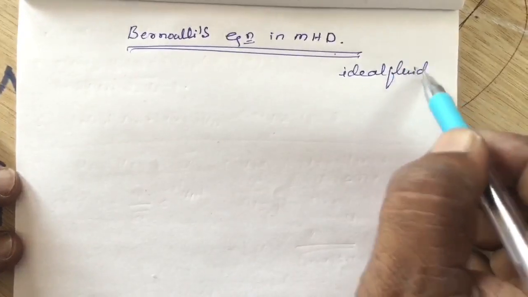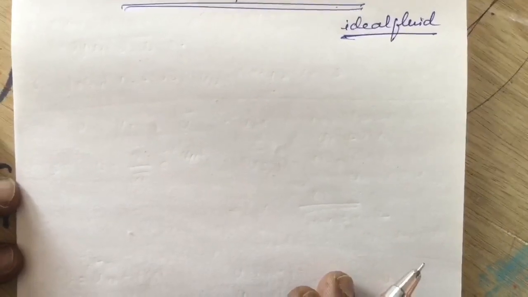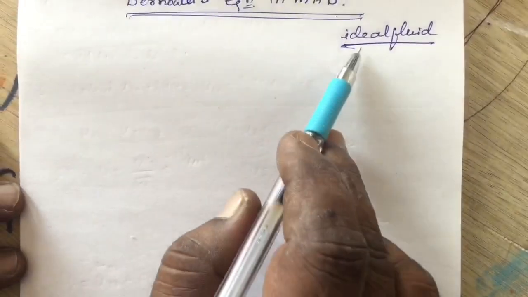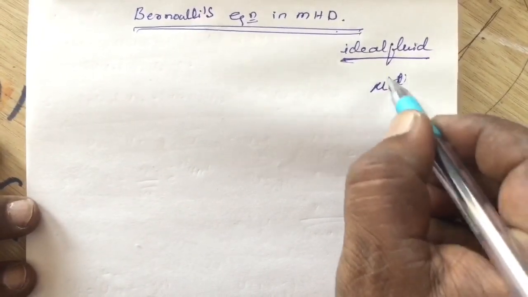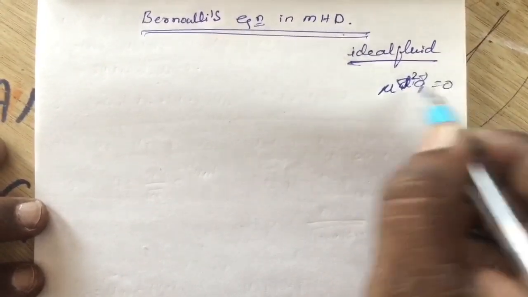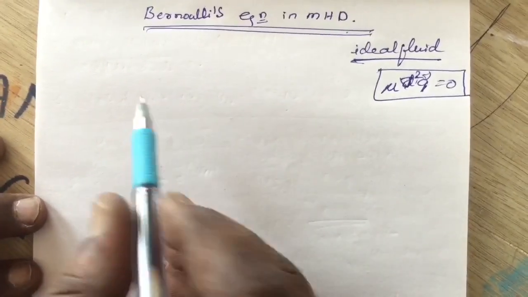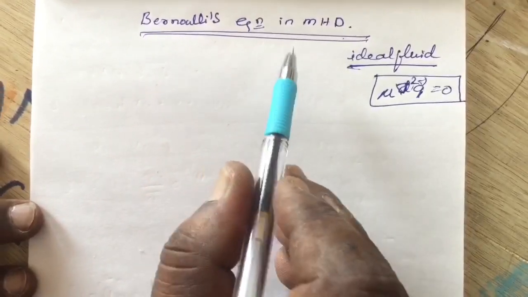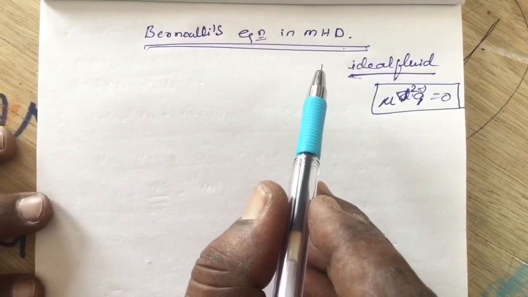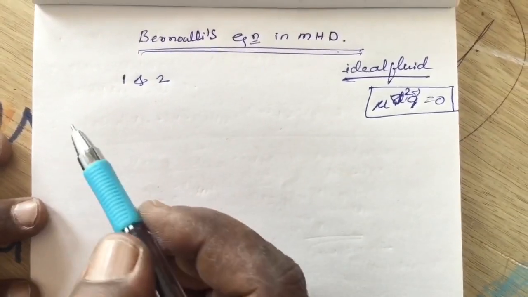Ideal fluid means no viscosity, so as in the previous derivation, the viscous term mu into del square q is equal to 0. You integrate the momentum equation along the streamline between the points 1 and 2.